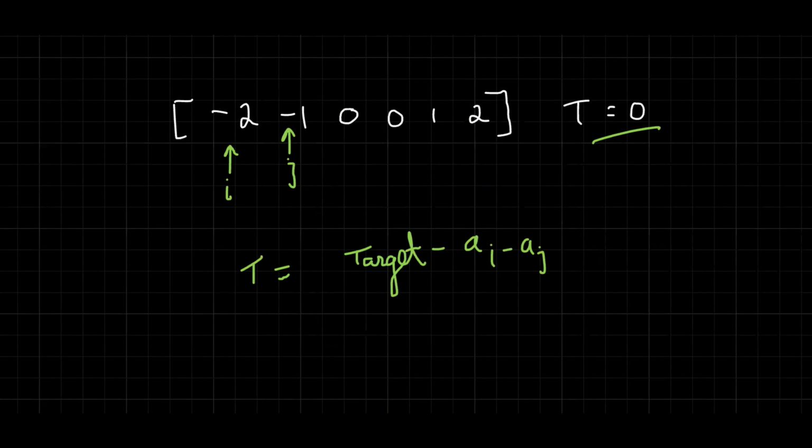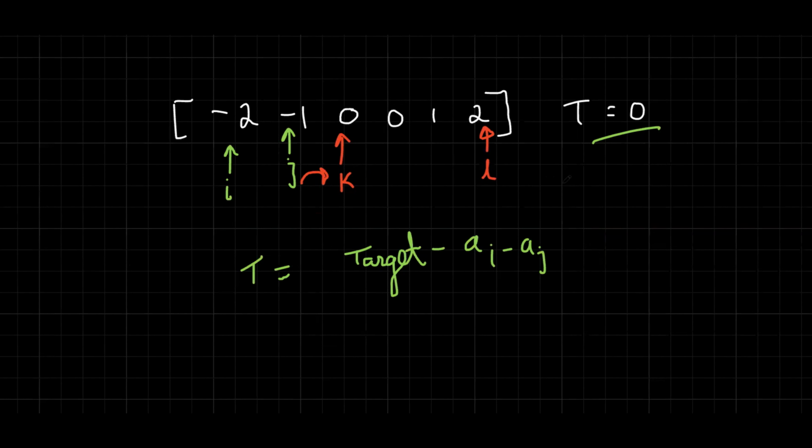Now, our next pointer is the k pointer, which will stand right before the j pointer, and our last pointer, the L pointer, will mark the last element.